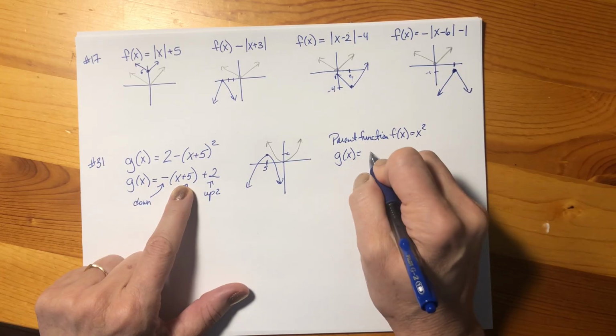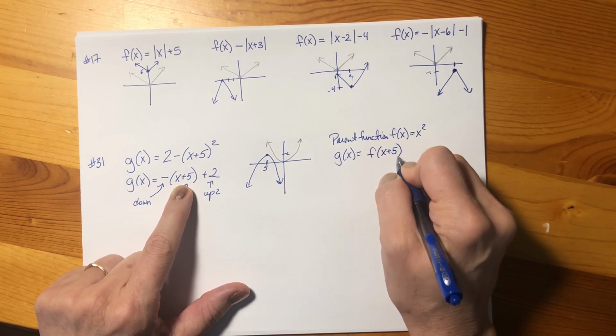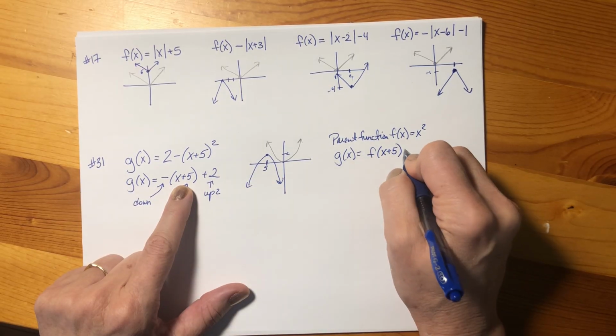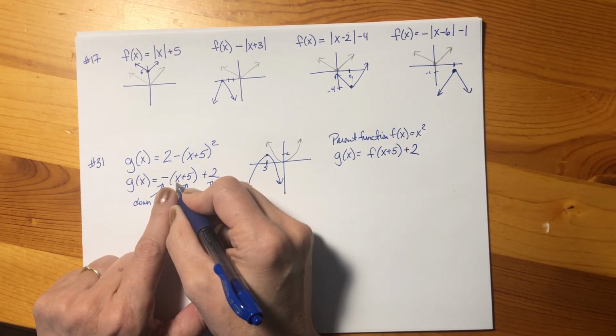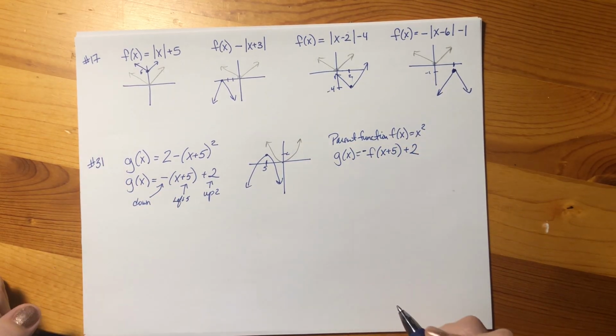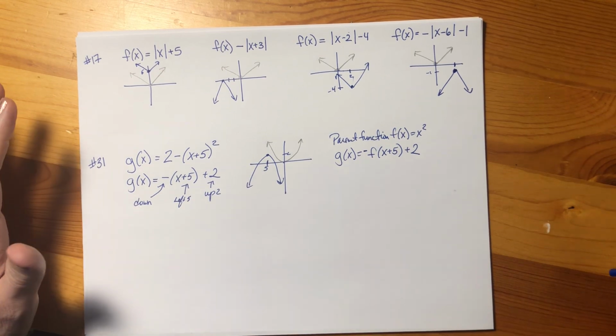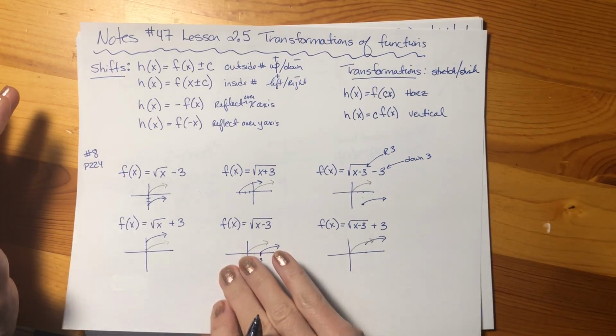I had an inside plus 5, so x plus 5 on the inside of my parentheses. I had an outside plus 2, and I had a negative out front, so I'm going to just put that negative right out front of that f of x, all right? So don't be afraid of the notation.